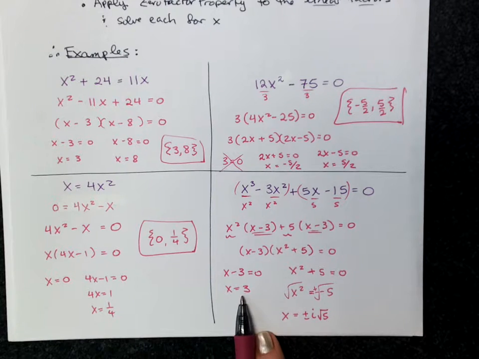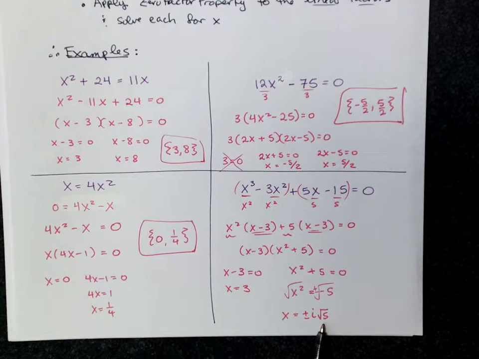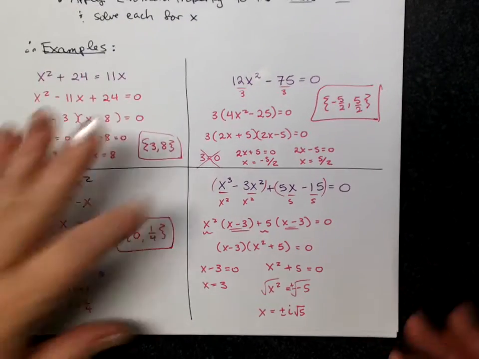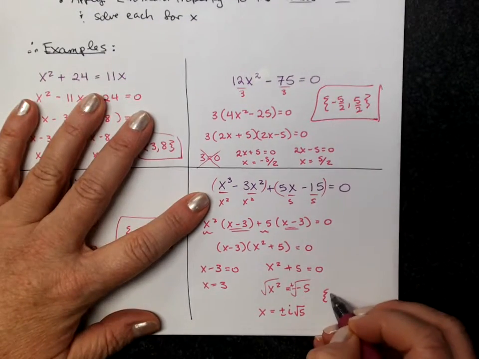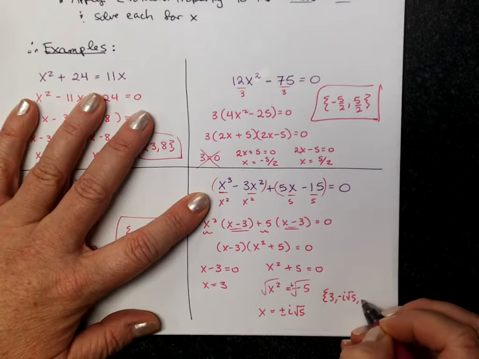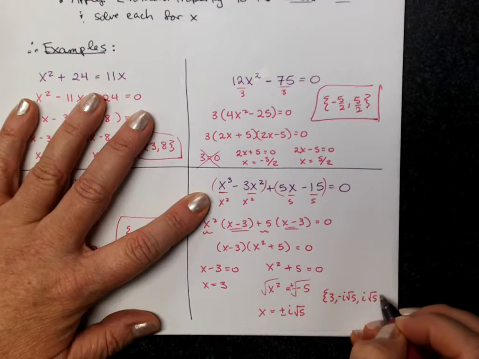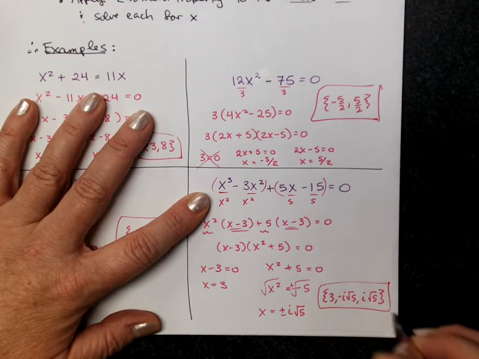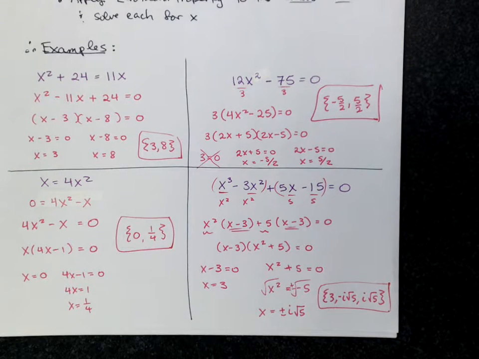So here's one solution, and here's 2 more solutions, for a total of 3 solutions. One of our solutions is real, and the other 2 solutions are imaginary, non-real. So when we write our answer: 3, negative i radical 5, positive i radical 5. 3 solutions, 1 real and 2 imaginary.